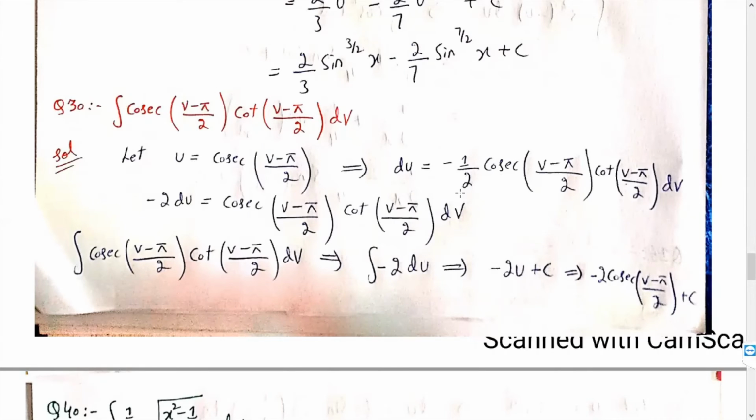So taking minus 2 to the left side, I'm getting minus 2 du equals cosecant (v minus pi by 2) cot (v minus pi by 2) dv. So substitute here, integral minus 2 du, the integral of 1 is u. So minus 2u plus c. Doing back substitution, I'm getting minus 2 cosecant (v minus pi by 2) plus c. So this is the answer.